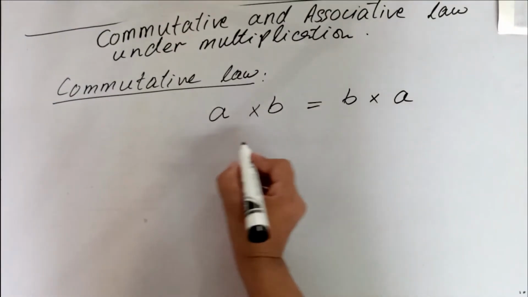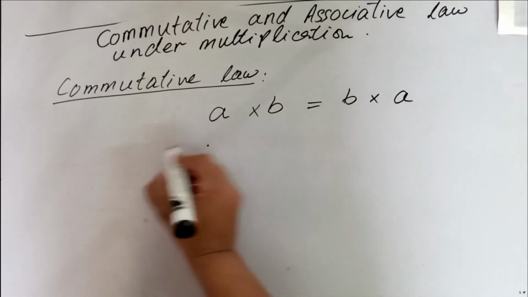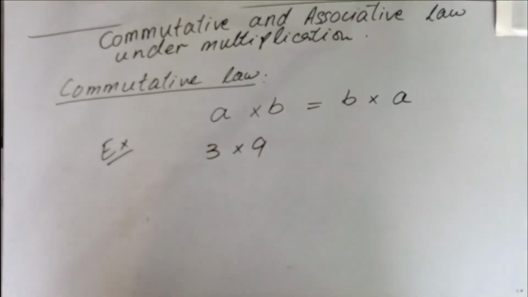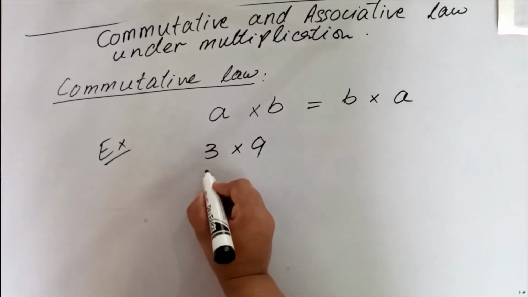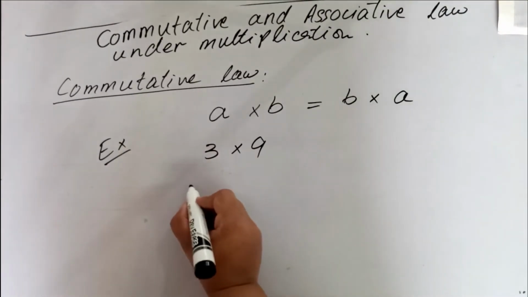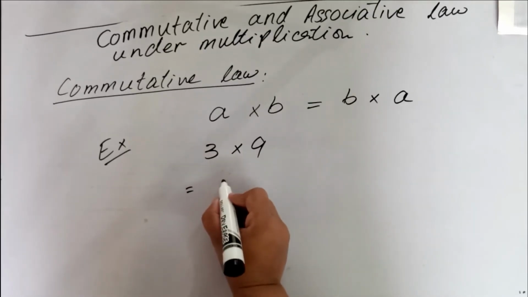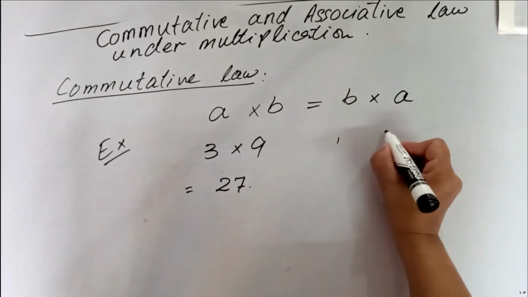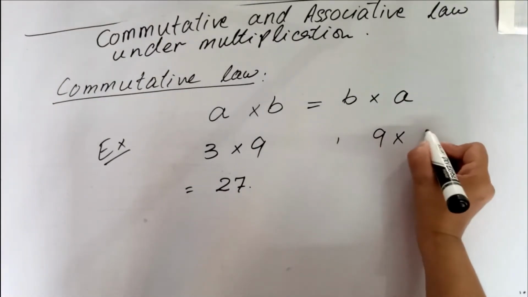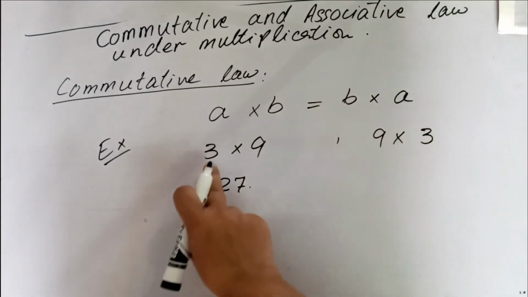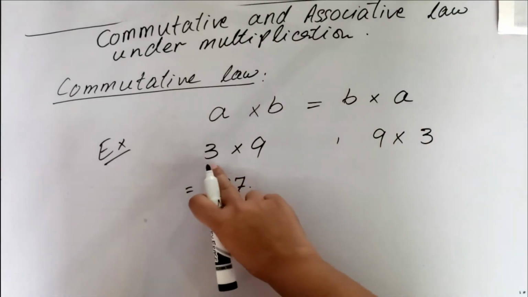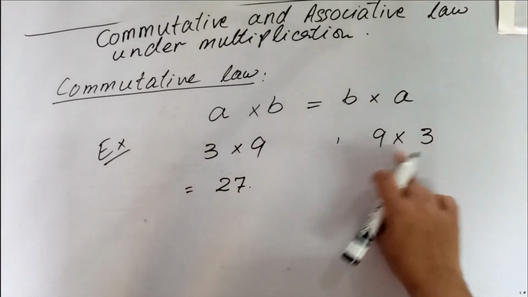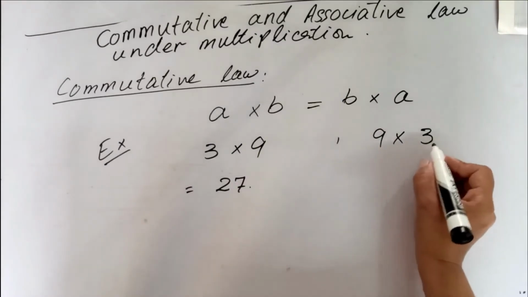Okay, I am taking the example. I am just taking two values, 3 multiplied by 9. Now I have to solve it. 3 multiplied by 9, I get 3 nines are 27. If I get 9 multiplied by 3, now what I have done over here, 3 and 9, I have just changed the places of these two values, and this is 9 multiplied by 3.